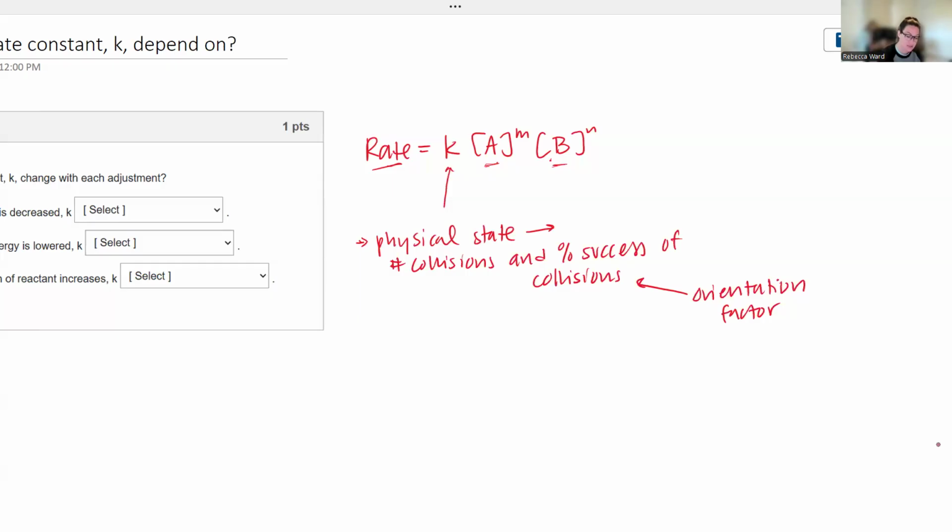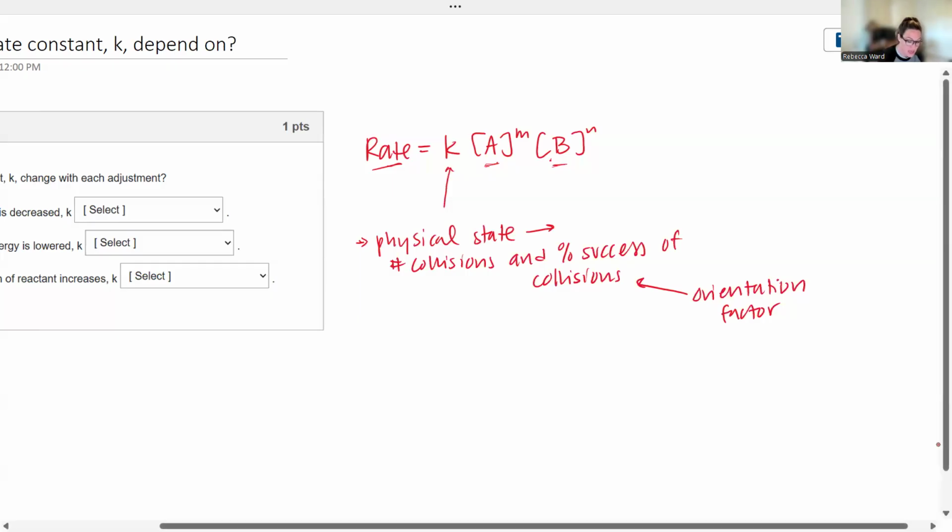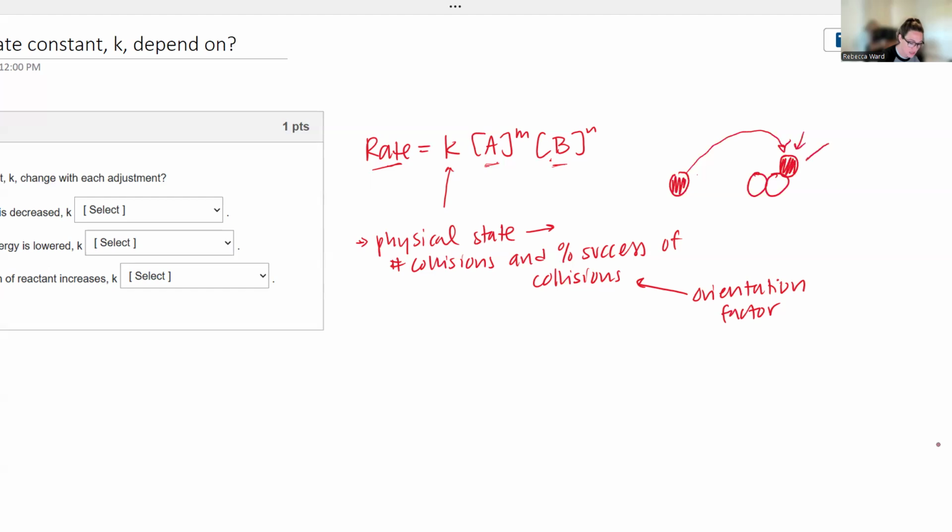But anyways, that's a little tangent. Versus, say you have a 3-atom molecule reacting with this other one, and we have to have a connection between these two. You could hit here and here and here, and all those might be successful, but if this other atom hit in any of these other spots, that's not going to work, right?